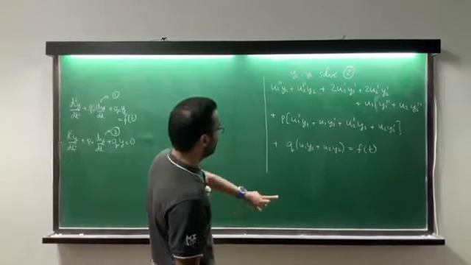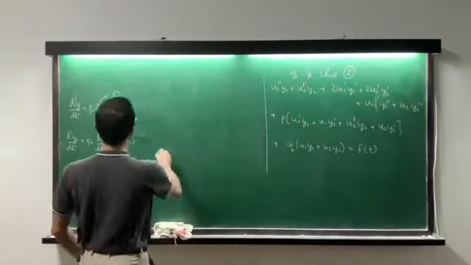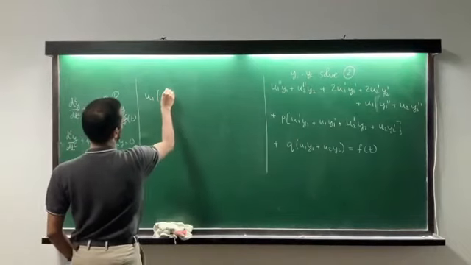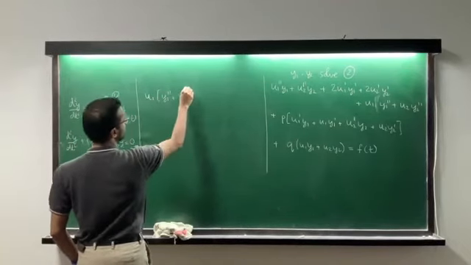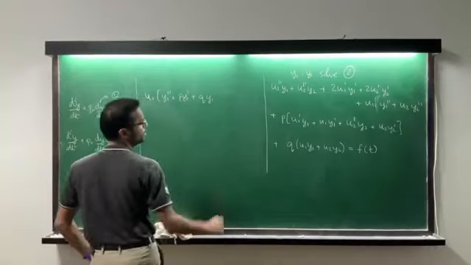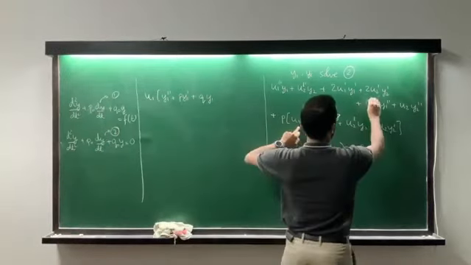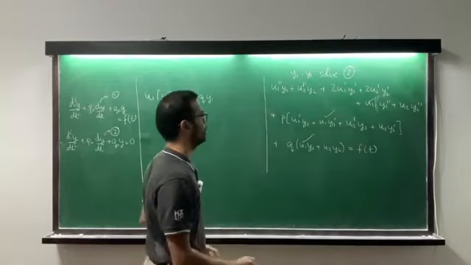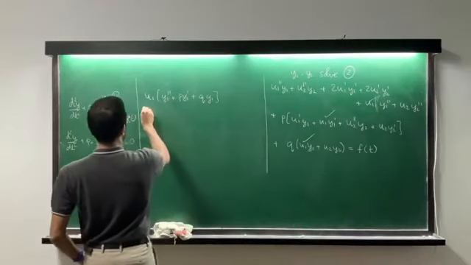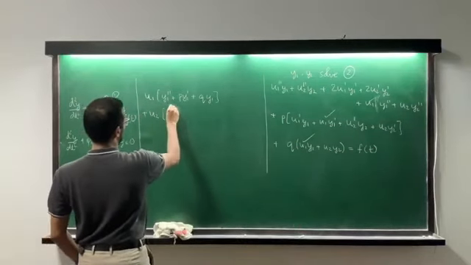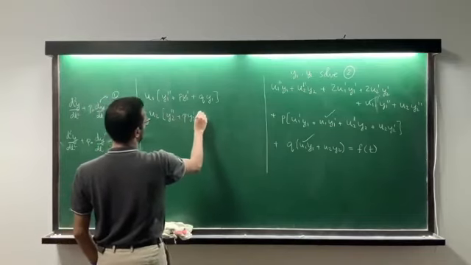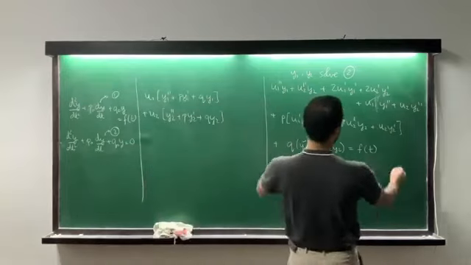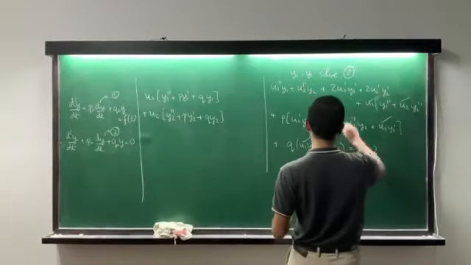So if I go and open this up, I will get u1 times y1 double prime plus p y1 prime plus q y1. So I'm going to get rid of this term and this term. Those three terms are gone, taken care of here. Plus u2 times y2 double prime plus p y2 prime plus q y2. Now I've gotten rid of this term and this term.